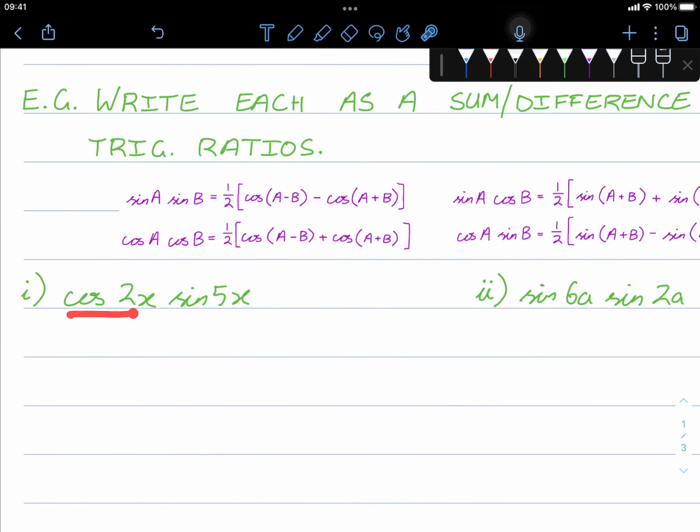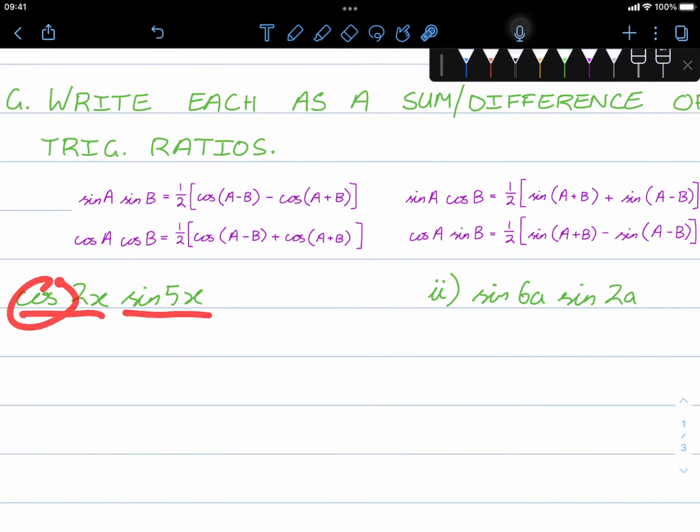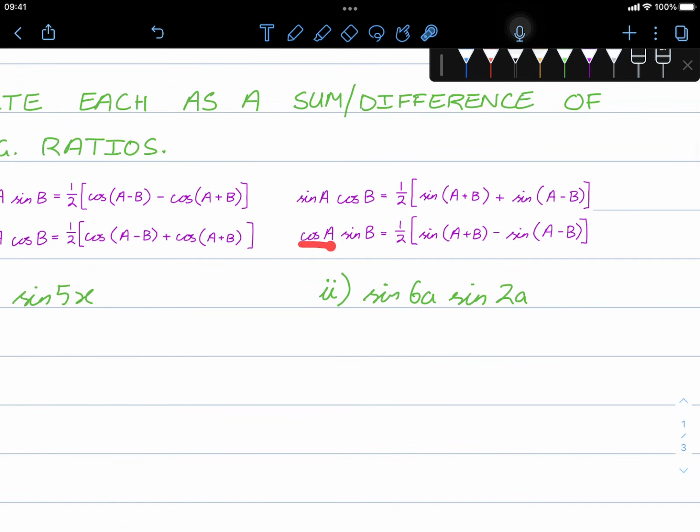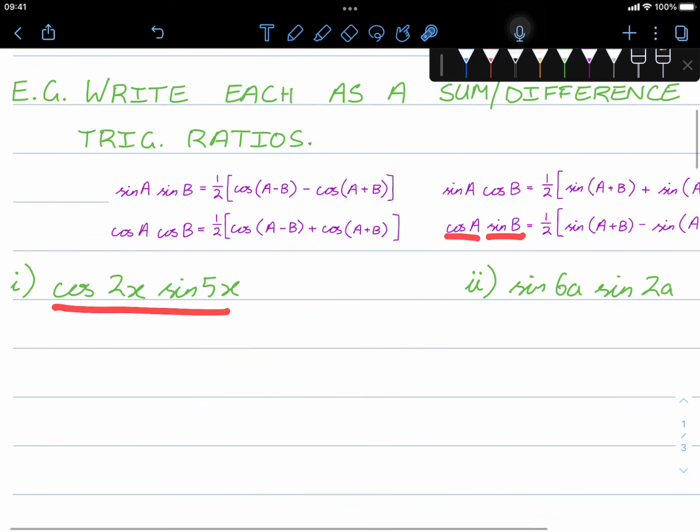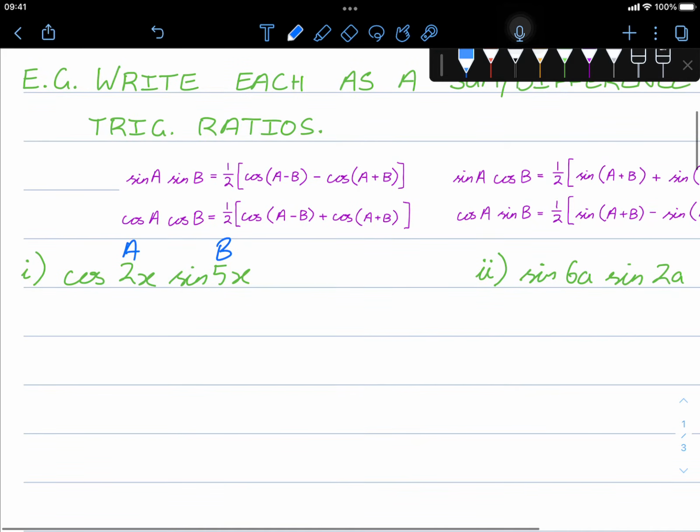Cos 2x sine 5x. That's cos and then sine. That's cos A sine B. Hopefully you can see that connection there. From here, I can express this as half outside of, since they're different, I know they're going to be sine.